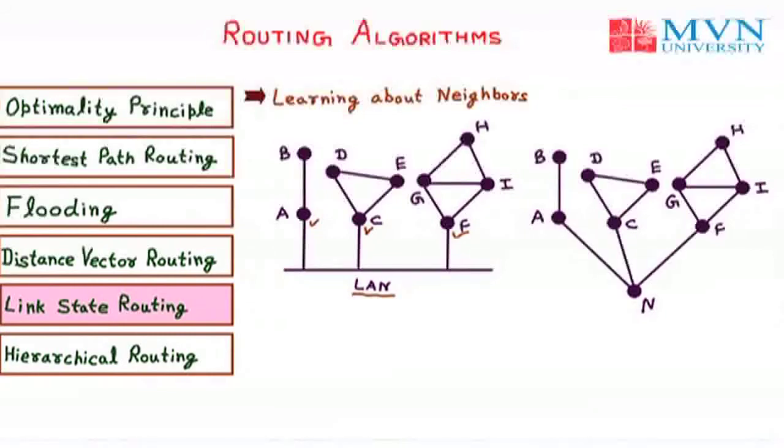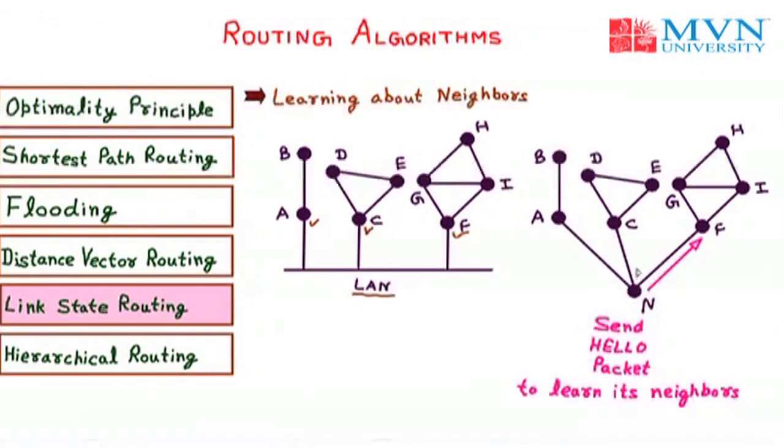Now we send a special message, the hello packet, on each point-to-point line. The router on the other end is expected to send back a reply telling who it is, and the name must be globally unique. So to check its neighbors, N will send the hello packet to C, similarly to A, and all the neighbor routers will reply back to N, saying I am your neighbor.